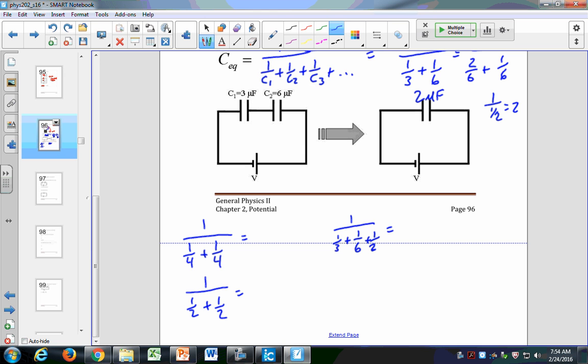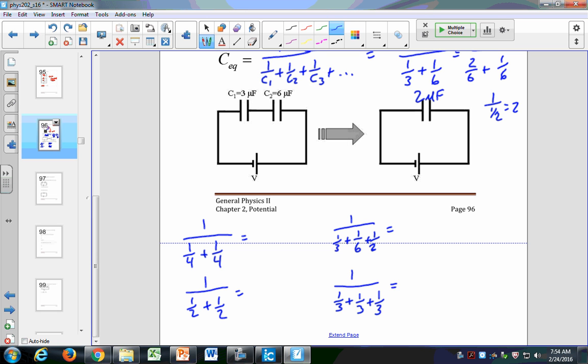Is that right? That's 4 plus 2. Yeah. I like to do those combinations, a 3, 6, and a 2 microfarad, I like to do 1 over 3 plus 1 over 3 plus 1 over 3.